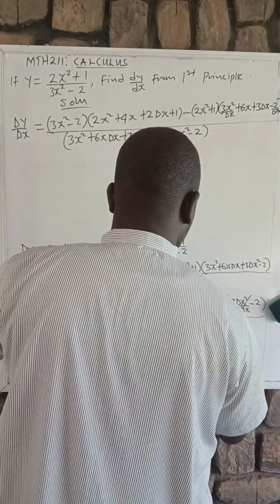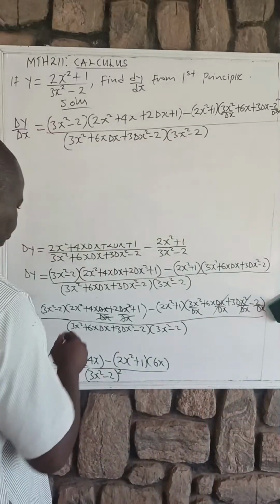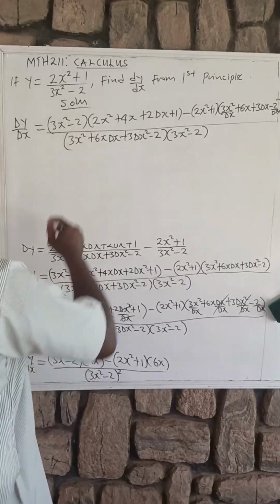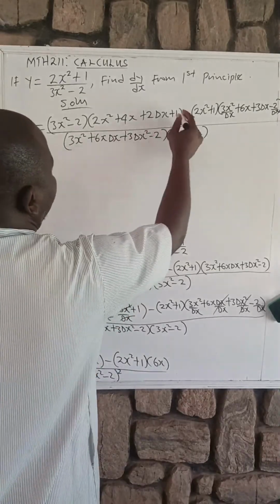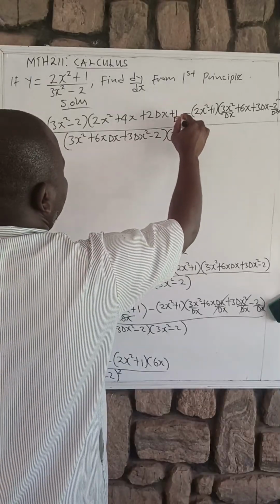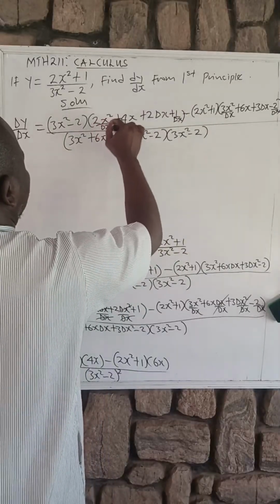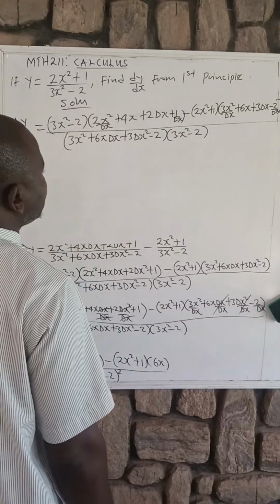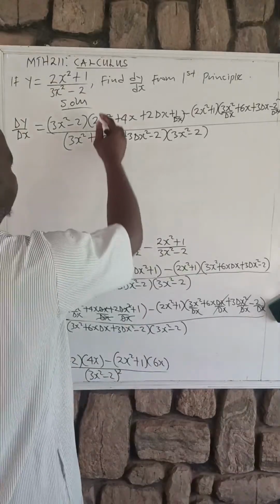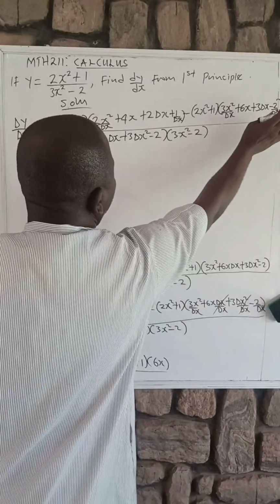It's supposed to be the dx, right? So here will be 0, 0, right? And here too is 0, 0.